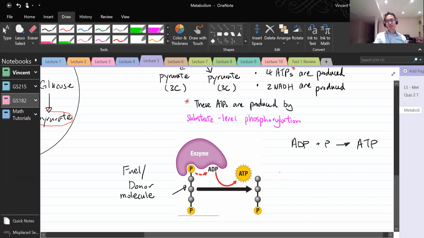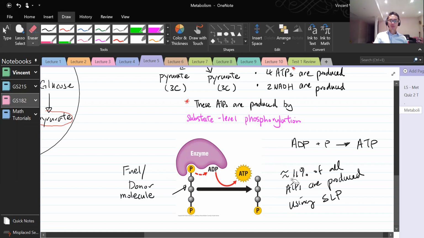We'll say approximately 11% of all ATPs are produced using substrate level phosphorylation. I'm talking about the entire cellular respiration.